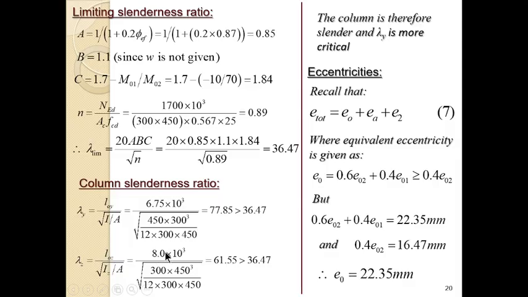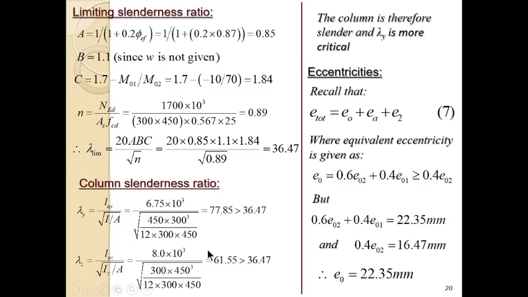For slenderness in the major axis, we have the same formula. So this is the effective length in the major axis, 8 times 10 raised to power 3, all over the square root of, for that axis, B is 300, H is 450, which we square, all divided by 12. Then 300 by 450 is the cross-sectional area.